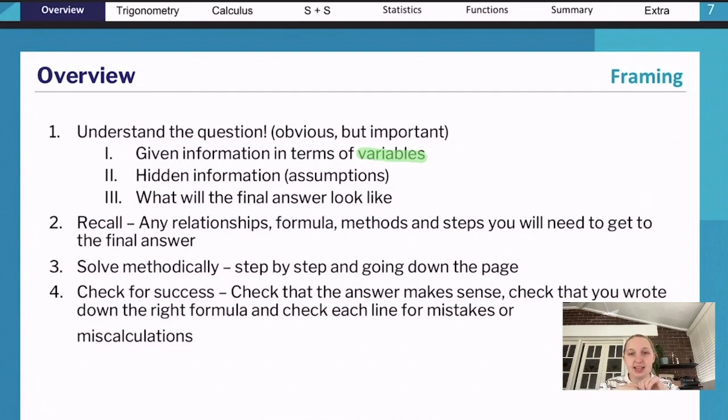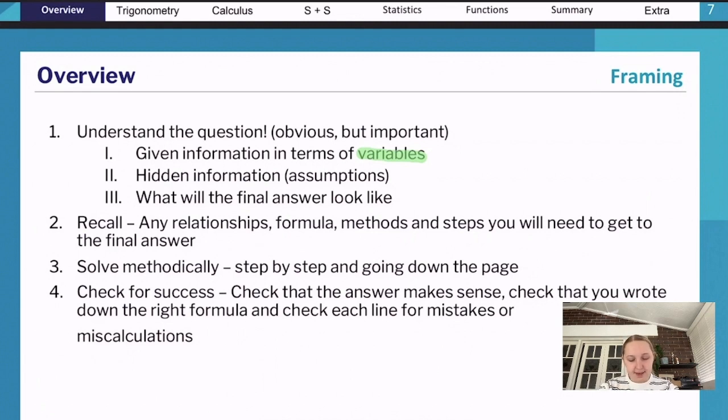People forget that stimulus information can help you for all those parts of the question. It's not just for part A. That stimulus might come back and help you for part B. So just make sure that you're thinking about all the information that they're trying to give you.